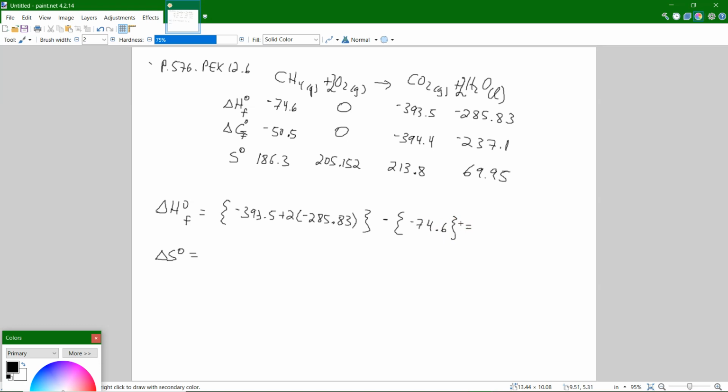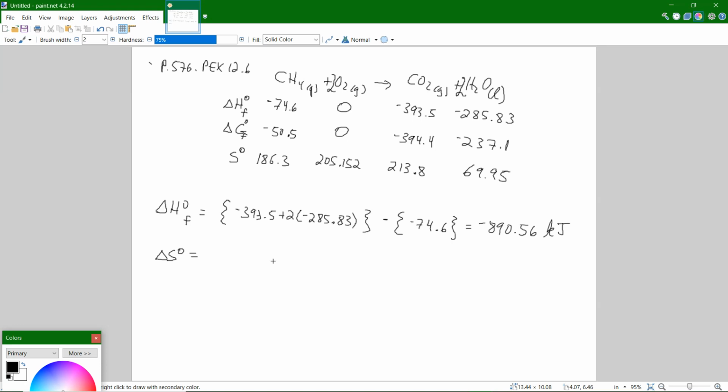So we get minus 393.5 plus 2 times minus 285.83, minus minus 74.6. So minus and minus. I get minus 890.56, and that's in units of kilojoules.